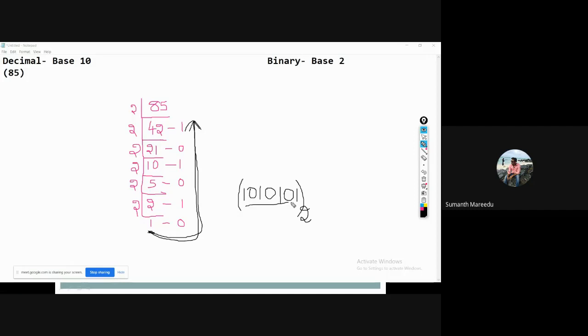So that is the binary equivalent representation of 85. That means 85 base 10 is represented as 1010101 base 2. Both are the same. One is decimal representation and the other is binary representation. That's it.